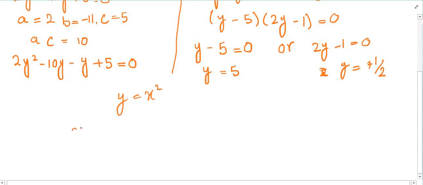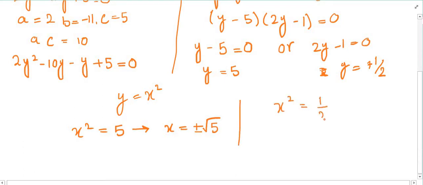We get x^2 equals 5, which is x equals plus minus square root 5, and x^2 equals 1 by 2, which is x equals plus minus 1 by square root 2.